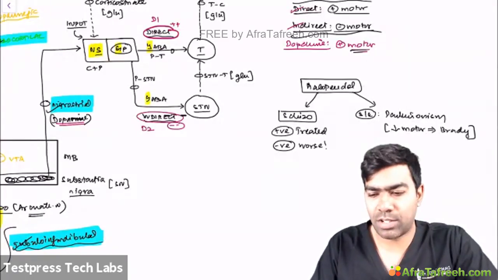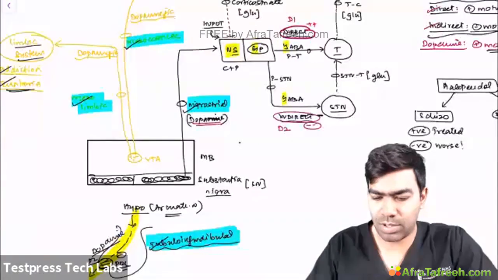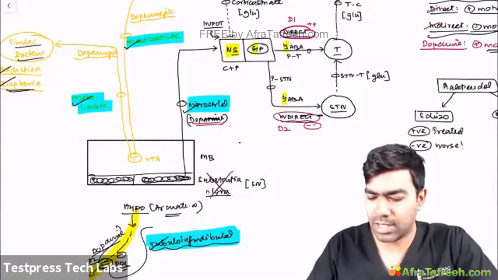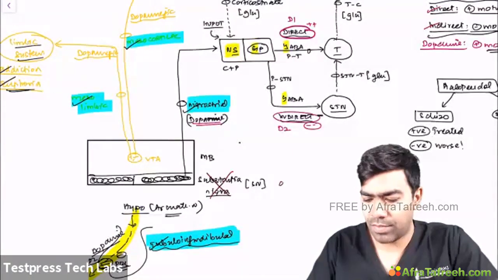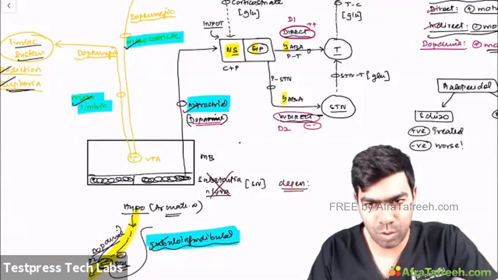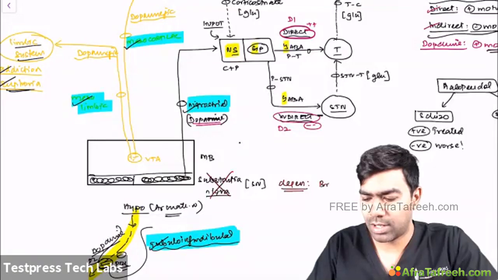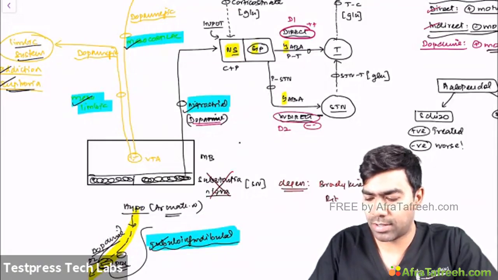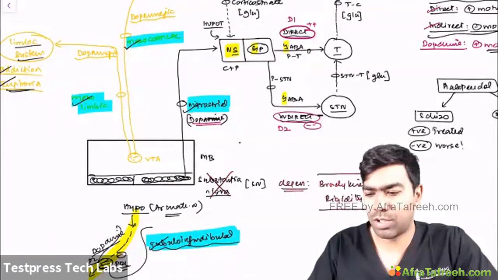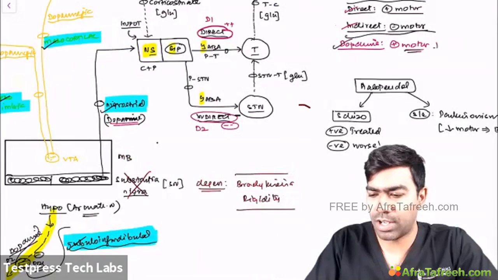So why in Parkinsonism do you have a problem? Because in Parkinsonism you have degeneration of the nigrostriatal pathway. If you have degeneration of the nigrostriatal pathway in Parkinsonism, of course, you're going to result in the classic problems like bradykinesia and rigidity. Whenever you don't have dopamine, you have reduced motor activity.